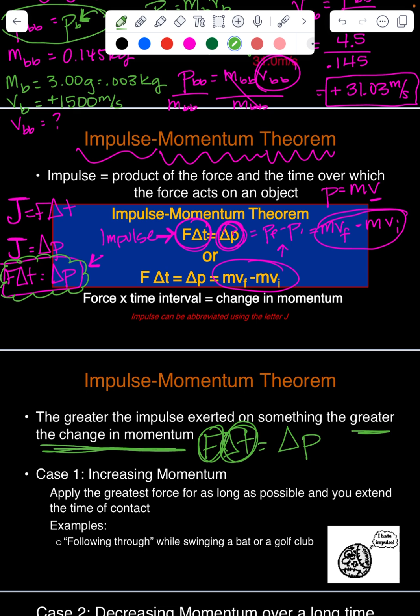You are not going to just stop your racket as soon as it touches the ball. No, you are going to swing through. And swinging through is exerting that big force from the bat, from the golf club, from the racket for as long as possible. So we want to follow all the way through, so that we can extend the time that that force is being exerted.